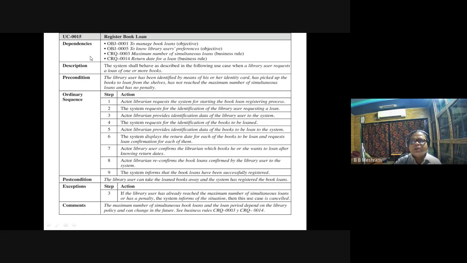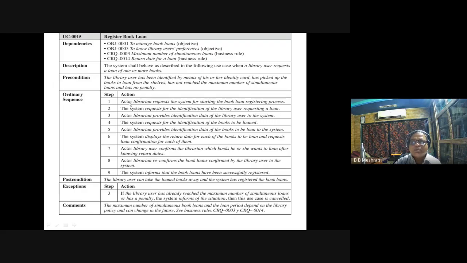So what is the description of register book loan? The system shall behave as described in the following use case when a library user requests a loan of one or more books. So what is the precondition of this register book loan use case?